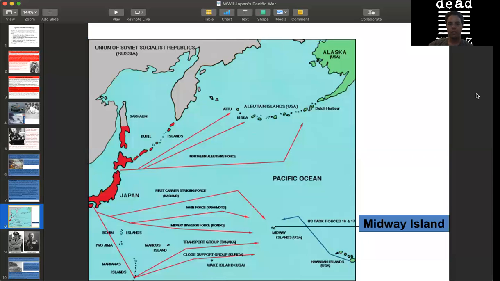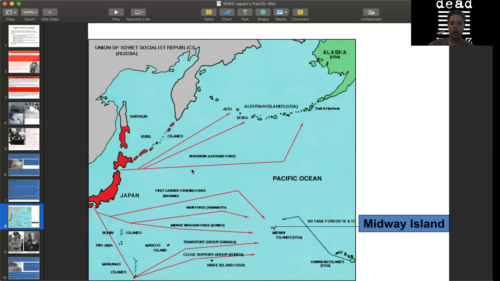Now, if you look at this map here, this shows you all of the different ways in which the Japanese began launching attacks on American forces, specifically Midway. Here is Midway down here. Here's the Marianas Islands over here. Here are the Hawaiian Islands over here.